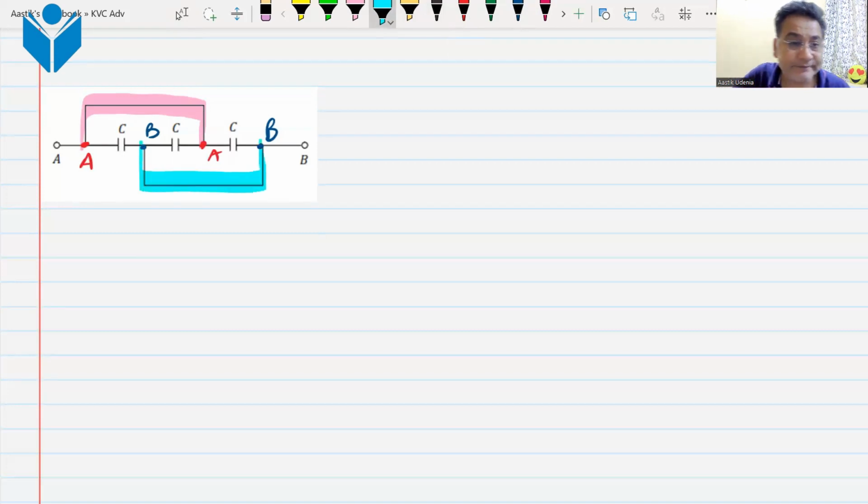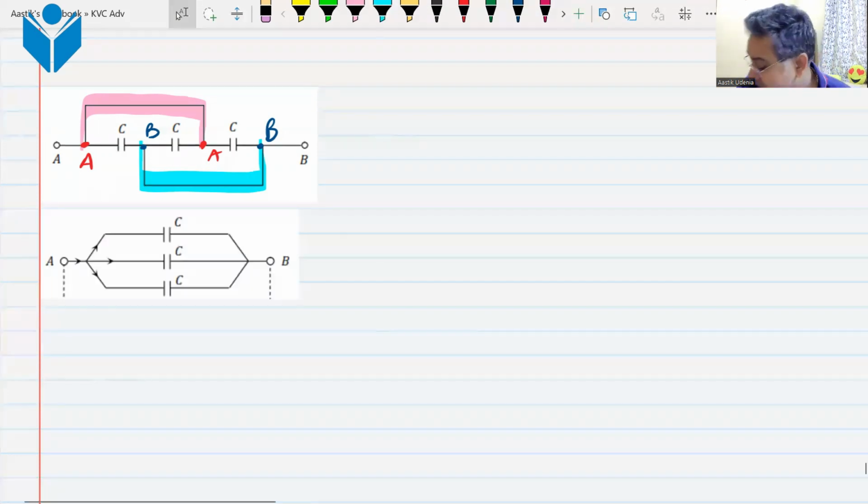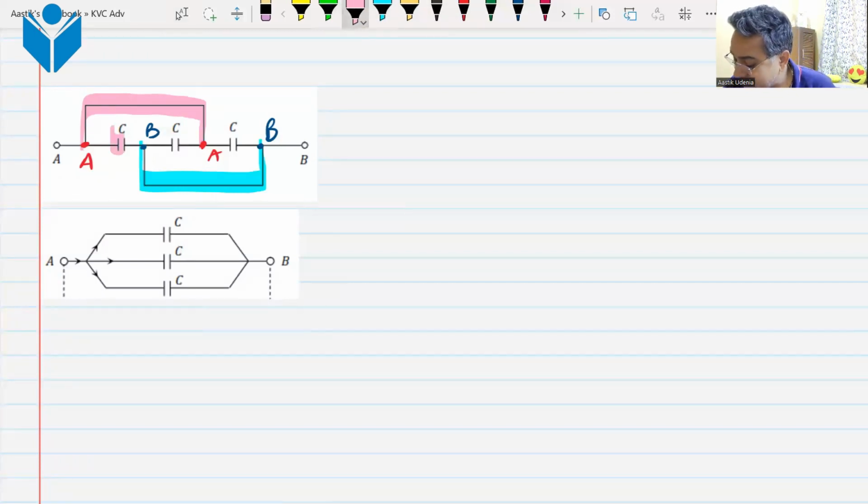Yes or no? Yes, sir. Now, if you draw the equivalent diagram between A and B, you will see that there are 3 capacitors connected. The pink capacitor is connected here, the green capacitor is connected like this, and the blue capacitor is connected like this.